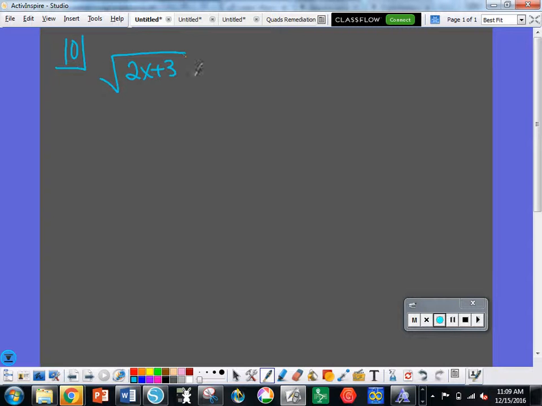That's your first step. Okay, the very first step is to do what? Isolate the radical. That means we have to get rid of the minus 7. Let's do that.